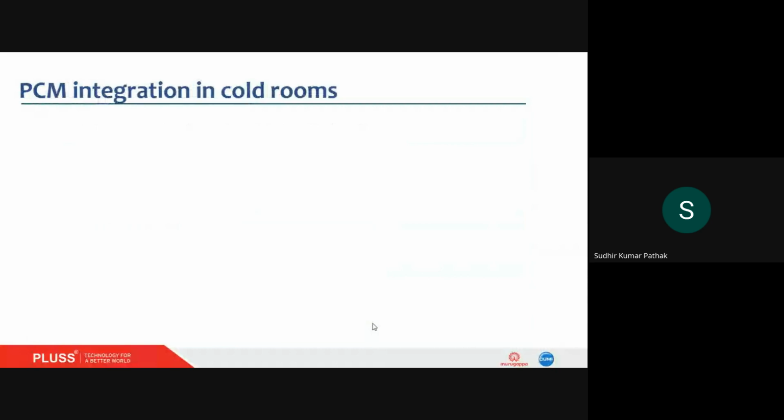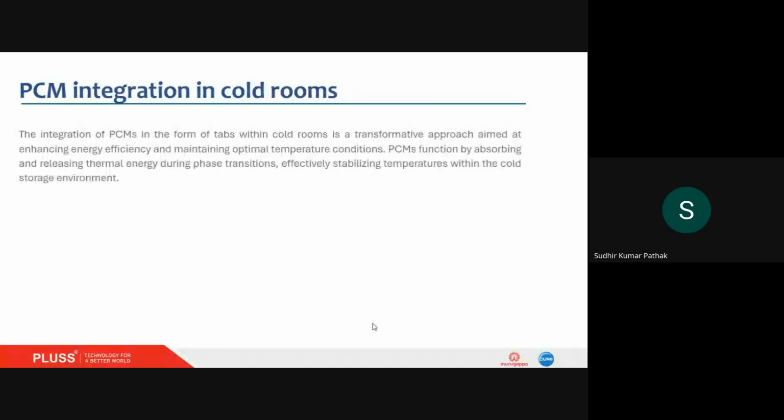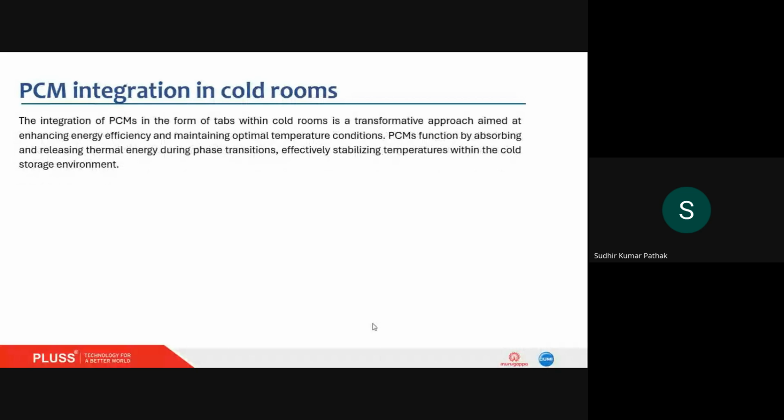Now, how can we integrate the PCM in cold rooms? Integration of PCM in the form of tapes within the cold room is a transformative approach, because a cold room has a large space area. We cannot put the PCM in the form of pouches or blocks, because we need to exchange heat at a particular constant rate with the cold room space.